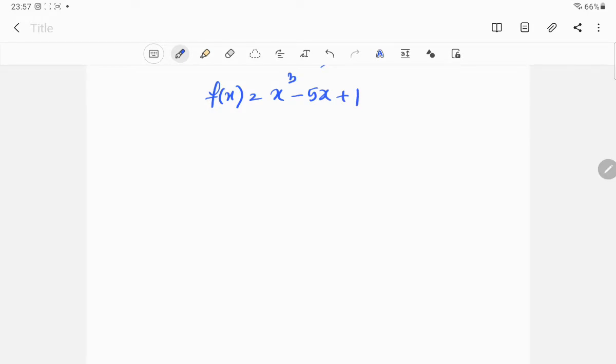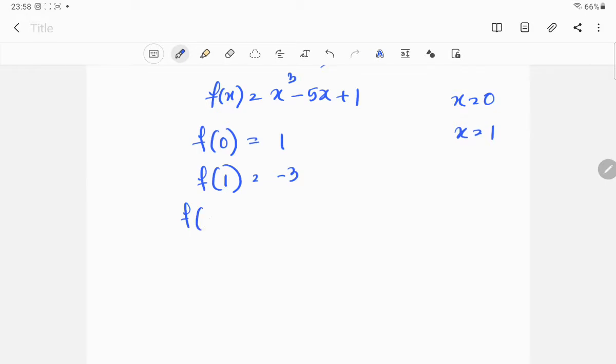Simply stick to these values, I won't suggest you to go beyond that. First take x equal to 0 and x equal to 1 and find f(x). f(0) is 1, f(1) is minus 3.